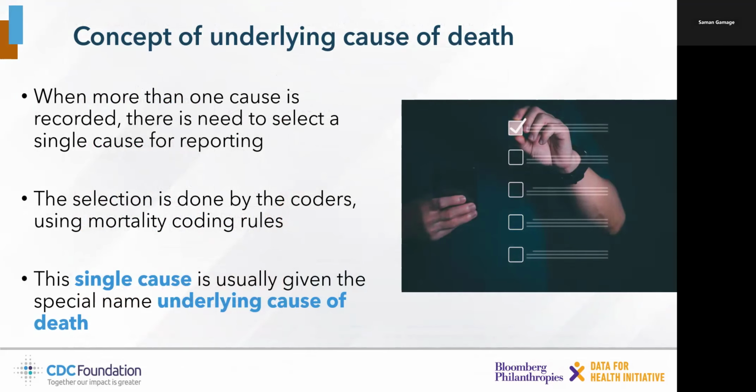When more than one cause is recorded, there is need to select a single cause for reporting. The selection is done by the coders, or precisely speaking, mortality coders using mortality coding rules. This single cause is usually given the special name underlying cause of death.